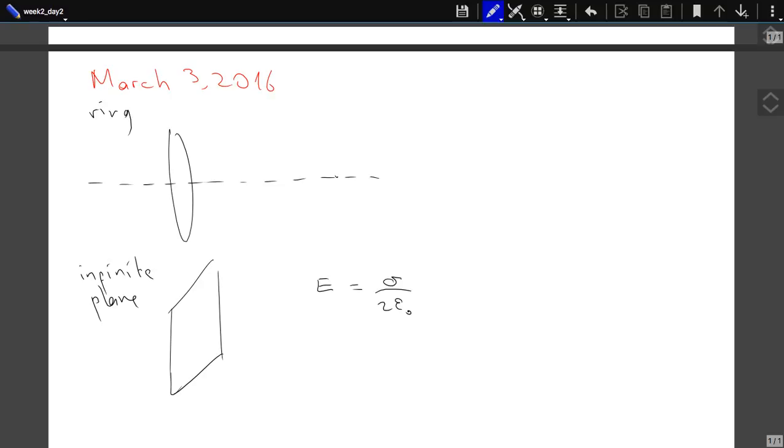So if you bring these two objects close to each other, or in their near vicinity, what happens is the electric field gets modified. It's no longer these radially outward electric field lines anymore. The electric field lines take this shape. And they no longer intersect.